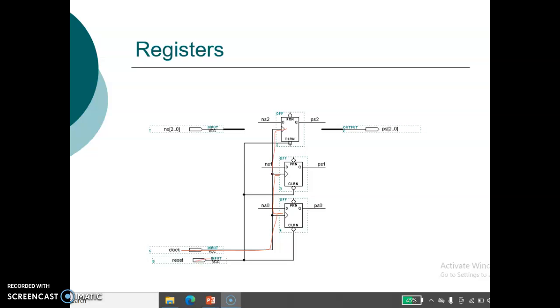And then reset, clear. NS2 given to PS2, NS1 given to PS1, NS0, that is next state 0 equals present state 0. This is the output 0 to 2.